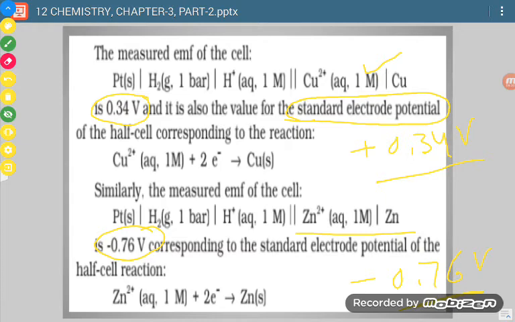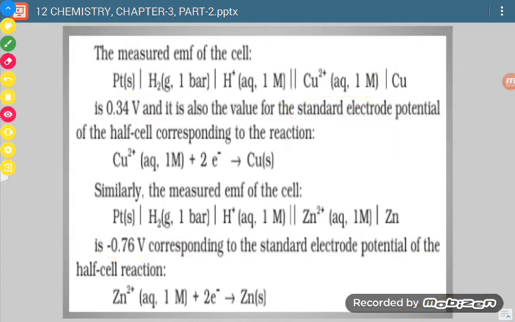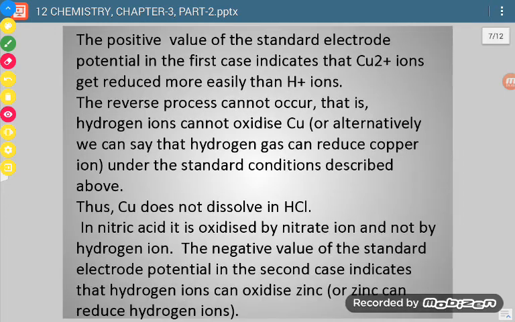Now what do these positive and negative values mean? Let us discuss. The positive value of standard electrode potential in the first case, in case of copper, means that copper ions get reduced more easily than H+ ions, and the reverse process cannot occur.